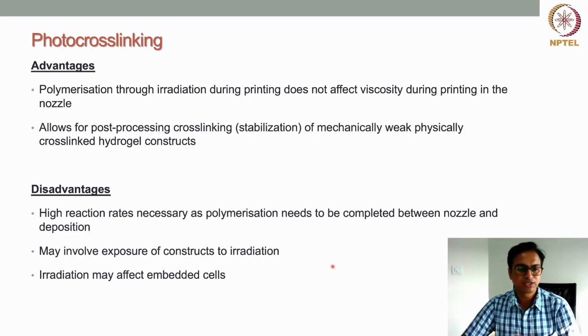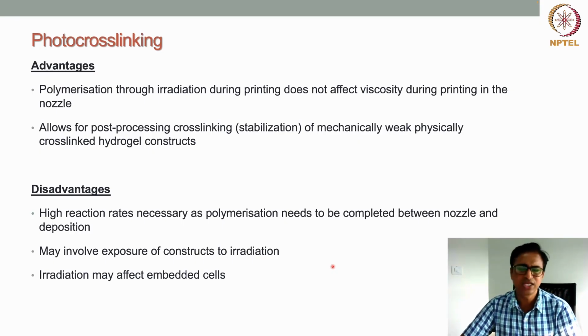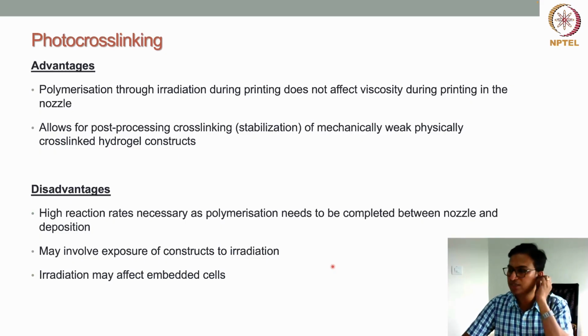For photo cross-linking, often UV lasers are used, so that may involve exposing the construct to irradiation. But nowadays there are some visible light cross-linking mechanisms available, which can be used without UV exposure.